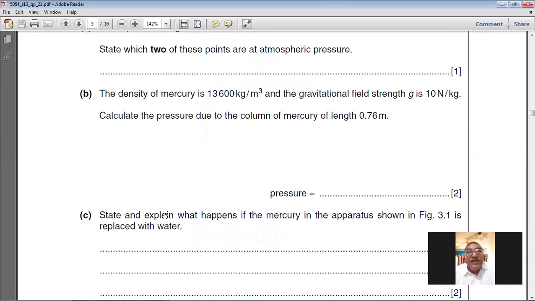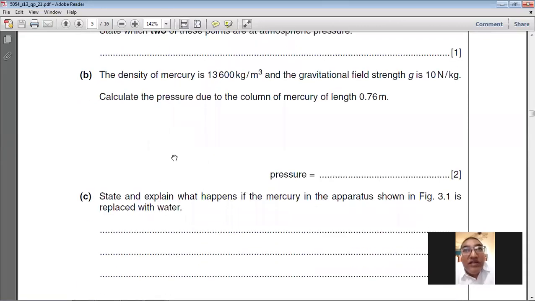Okay, B part. The density of the mercury is 13600 kg per meter cube, and the gravitational field strength G is 10 Newton per kg. Calculate the pressure due to the column of mercury of length 0.76 meter. So the pressure of a liquid you can find by the formula pressure is equal to rho GH, where rho is the density, G is the gravitational field strength, and H is the length or depth of the liquid above that point.